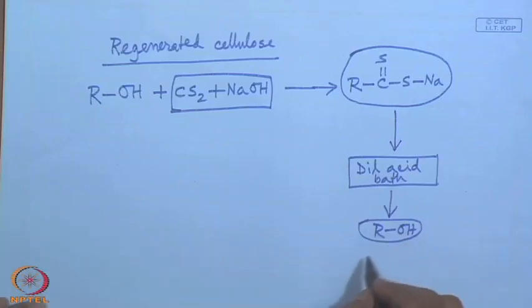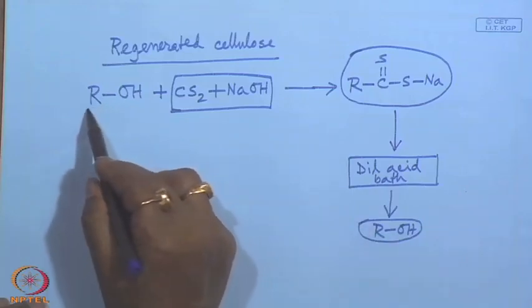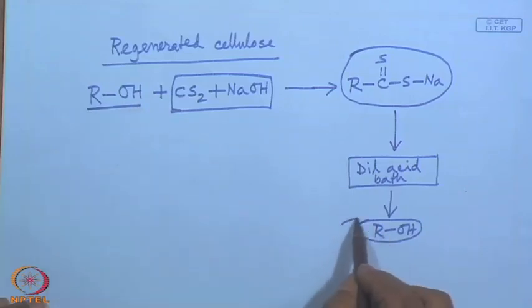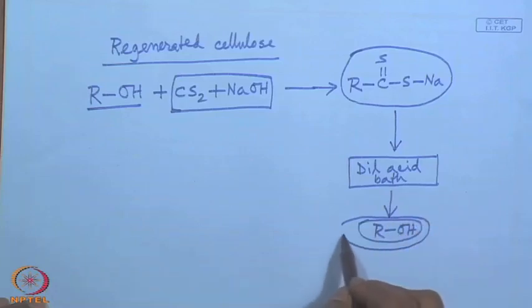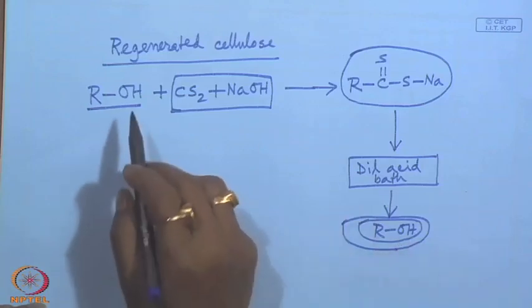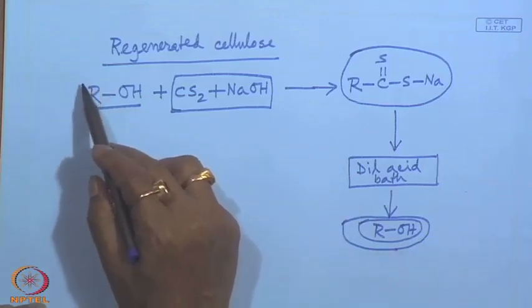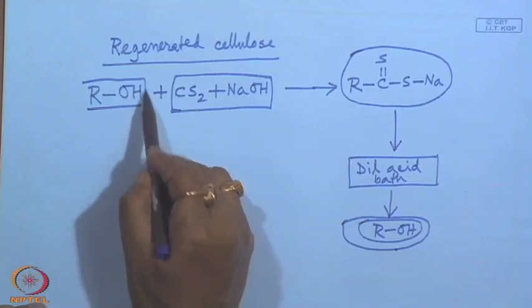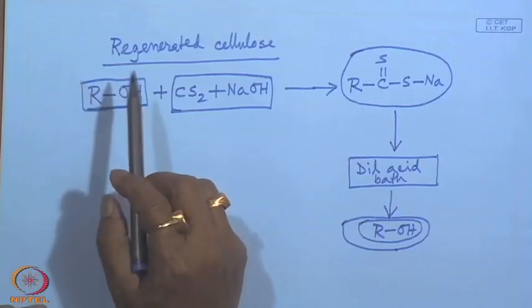In this case, the number of hydrogen bonds in the cellulose is reduced. Here it contains fewer hydrogen bonds, and the original contains more hydrogen bonds. So, this becomes soft and more hydrophilic, and it is more degradable than the original cellulose material.